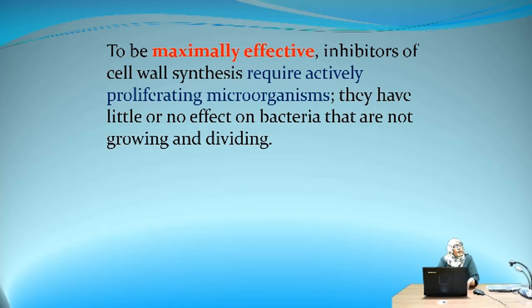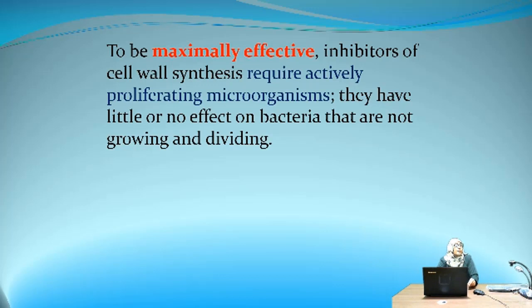Thus, the peptidoglycan is the important substance in the bacterial cell wall. To be maximally effective, inhibitors of cell wall synthesis require actively proliferating microorganisms.